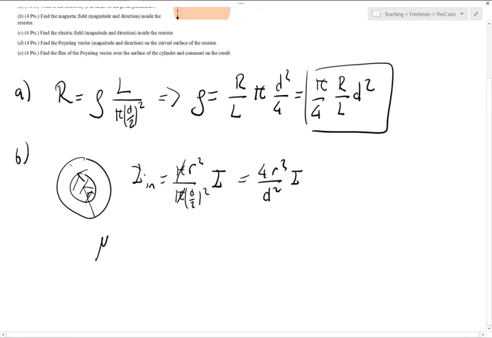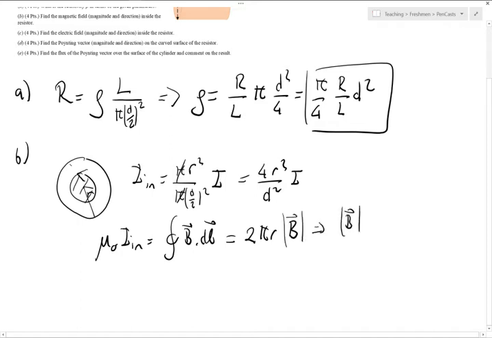And Ampere's law tells me that mu 0 times I enclosed must be the integral of B dot dl. And with cylindrical symmetry, this is just going to give me 2 pi r times B. Right? So B magnitude will be mu 0 over 2 pi r times 4 r squared over d squared times I. r is cancelled.